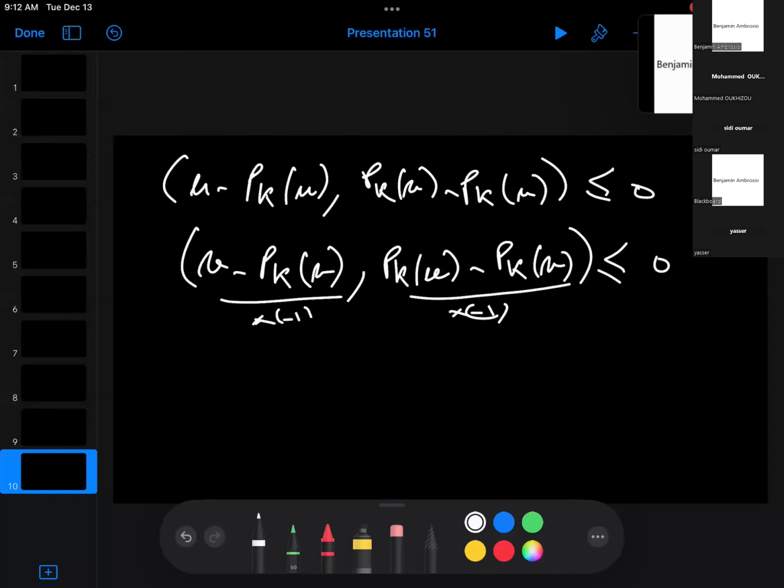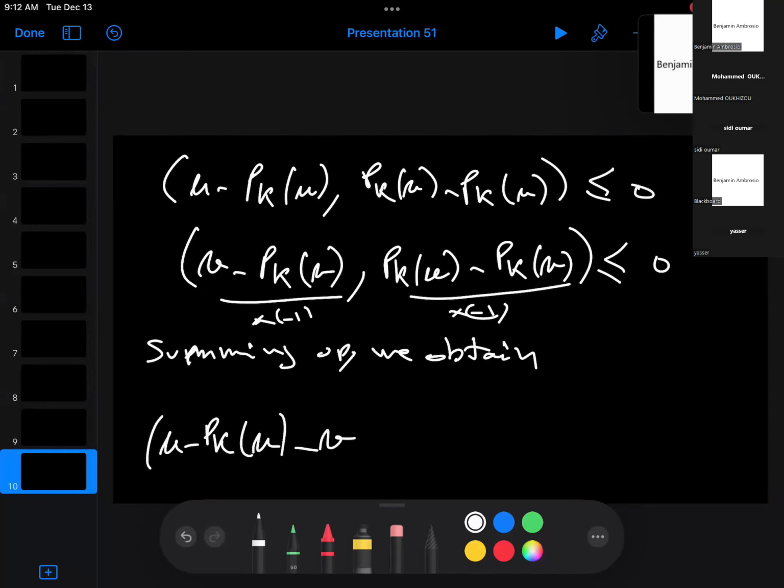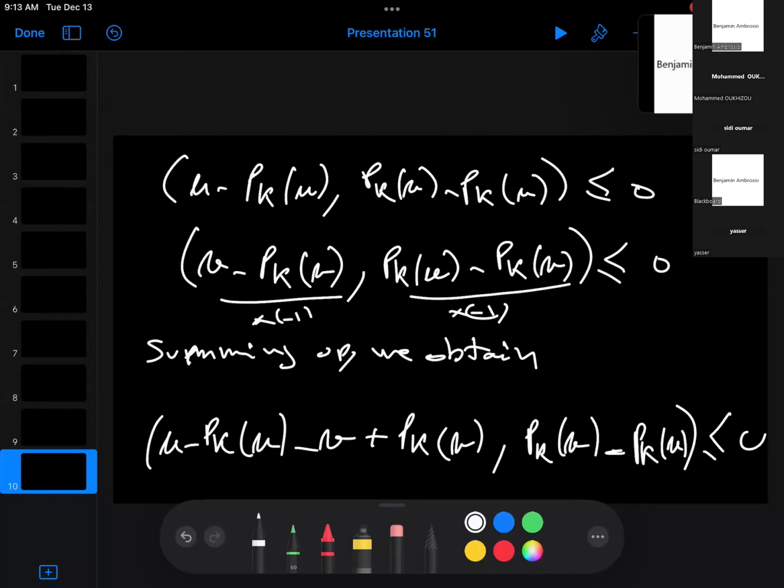And then I sum up, so I obtain that U minus P_K of U minus V plus P_K of V scalar P_K of V minus P_K of U is non-positive, right?